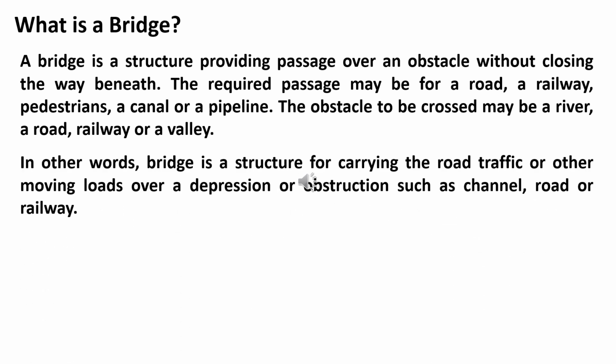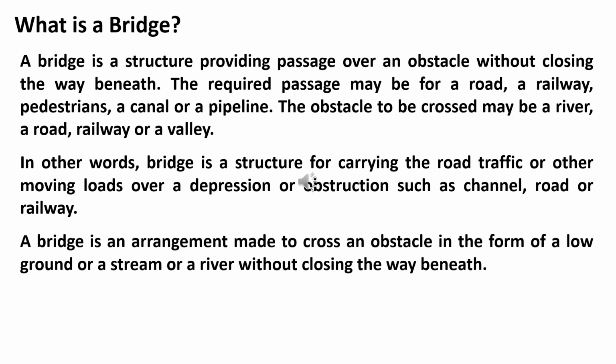In other words, the bridge is a structure for carrying the road traffic or other moving loads over a depression or obstruction, such as channel, road, or railway. A bridge is an arrangement made to cross an obstacle in the form of a low ground or a stream or a river without closing the way beneath.